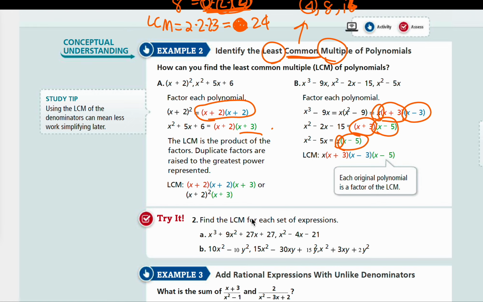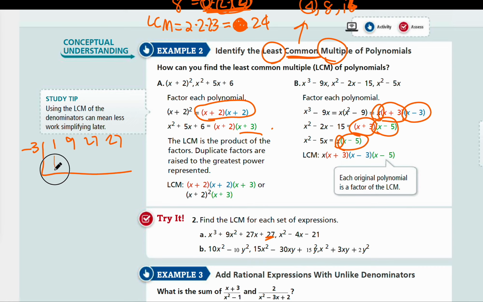So then you have to look at the factors of 27 over 1. And so plus or minus 1, 3, 9, and 27. You'll see that if you divide by -3, you'll have a remainder of 0.